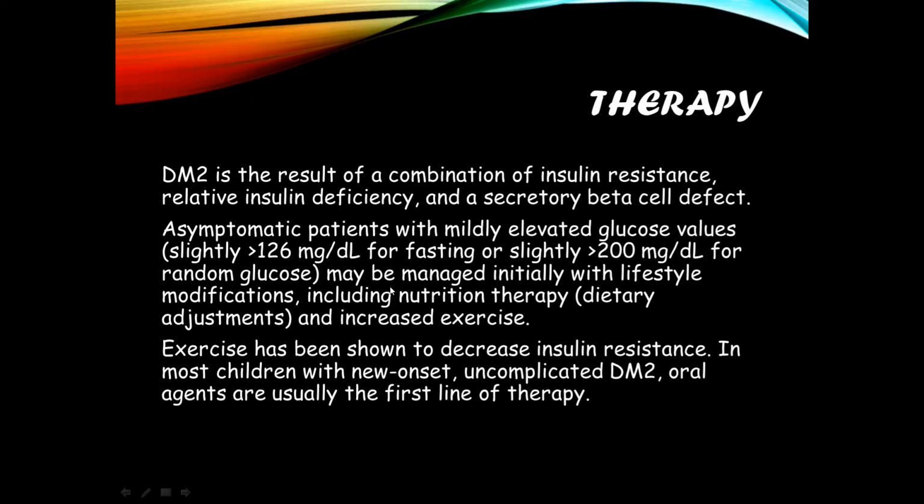So basically, what do you begin with? You begin with nutrition therapy, where you need to make dietary adjustments and increase exercise. Exercise has been shown to decrease insulin resistance in most children with new onset and complicated diabetes mellitus type 2.